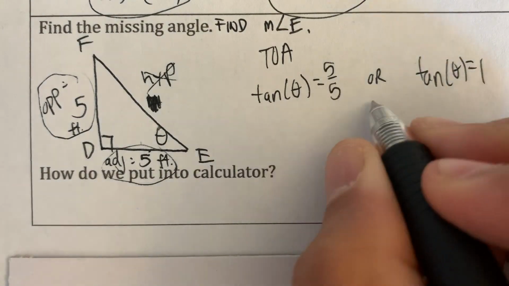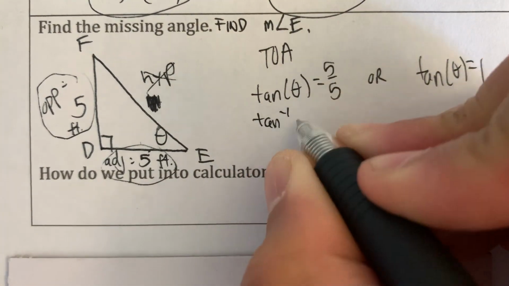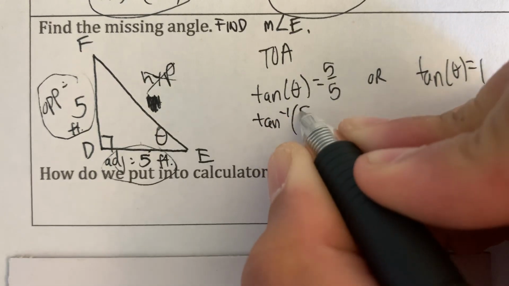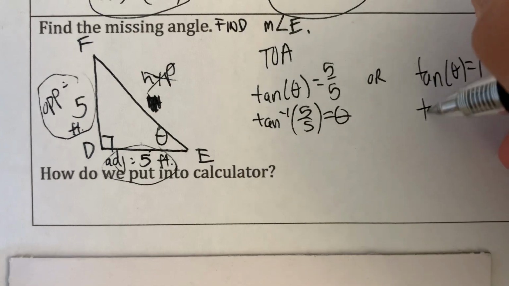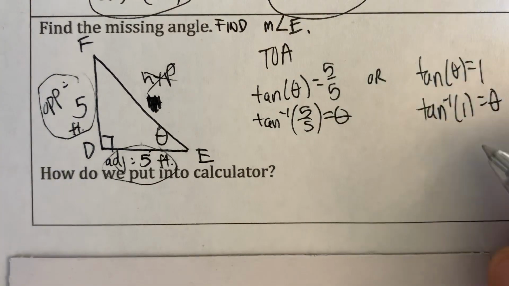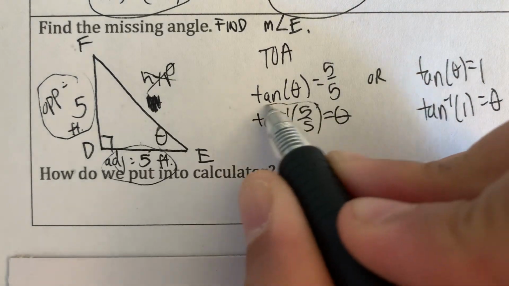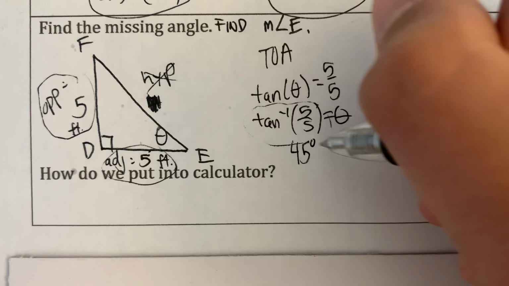And now we can't divide both sides by the word tangent. We have to do this inverse. The inverse of the tangent, these switch spots. The inverse tangent of 5 over 5 equals theta. Theta's by itself. Dope. Both of these will give us the answer. We put this in the calculator, and when you do that, we get 45 degrees.